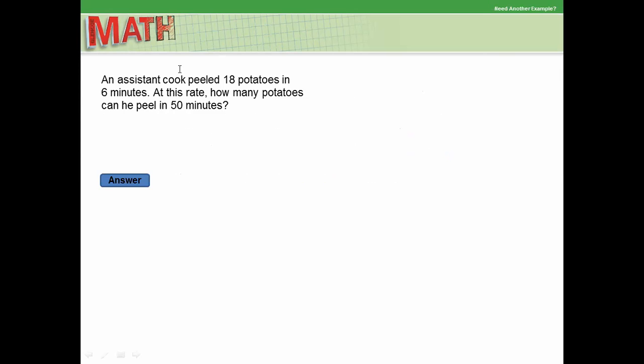An assistant cook peeled 18 potatoes in 6 minutes. So I have here 18 potatoes in 6 minutes. So it's easy to calculate the rate. The first step is to calculate the rate. The rate equals 18 potatoes over 6 minutes.